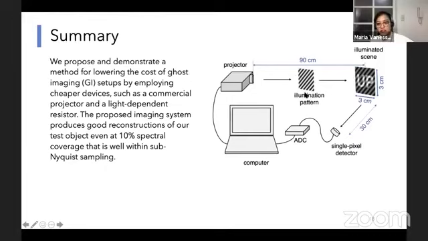Which has the shape of a 2D sinusoidal. For your ghost imaging algorithm, what you do is project a series of sinusoidal patterns of varying frequencies, from low to high.